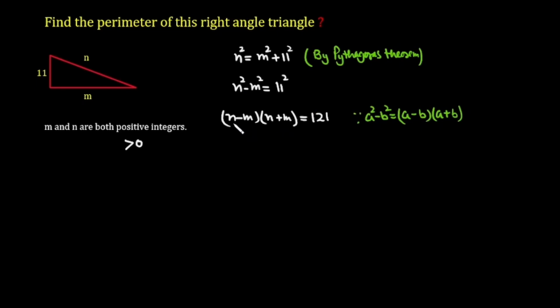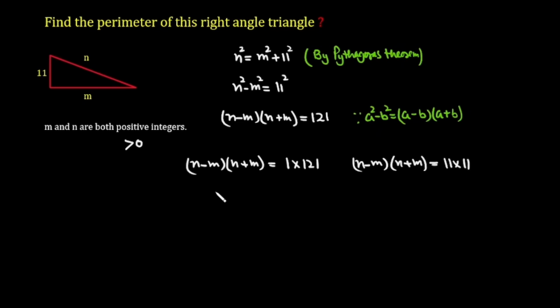So the product of two factors is 121. There are two cases: either n minus m times n plus m is equal to 1 times 121, or n minus m times n plus m is equal to 11 times 11.